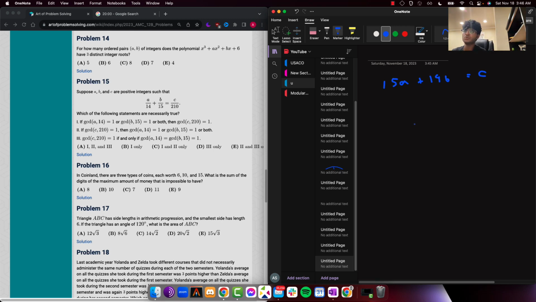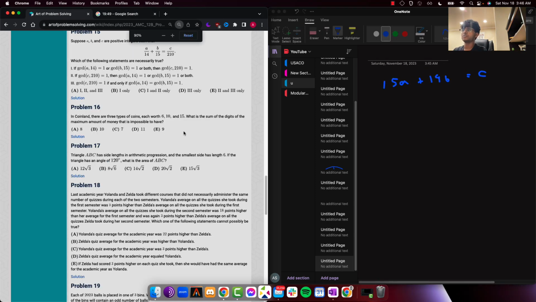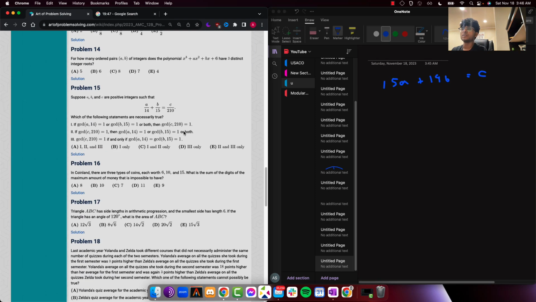Now I'm just reading the different statements, right? If GCD(A, 14) equals 1, or GCD(B, 15) is 1, or both, then GCD(C, 210) is 1. Okay, GCD(A, 14) is 1, so that means A is relatively prime to 14.